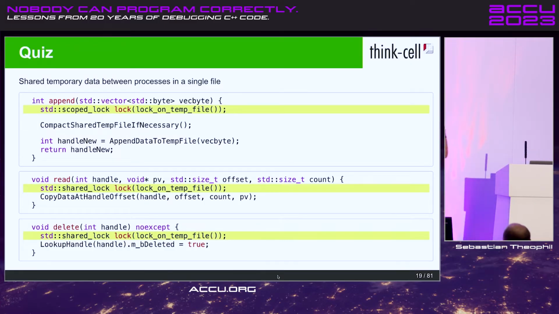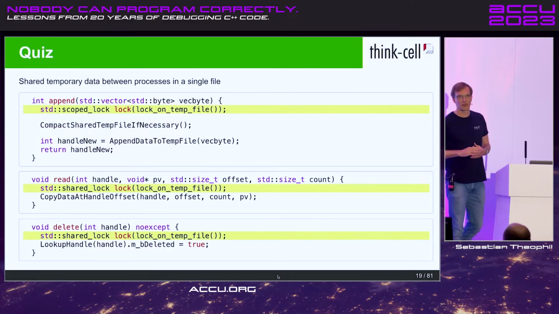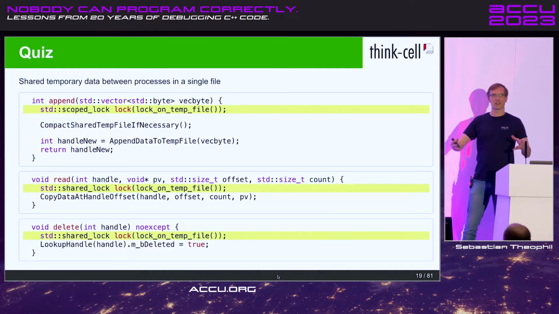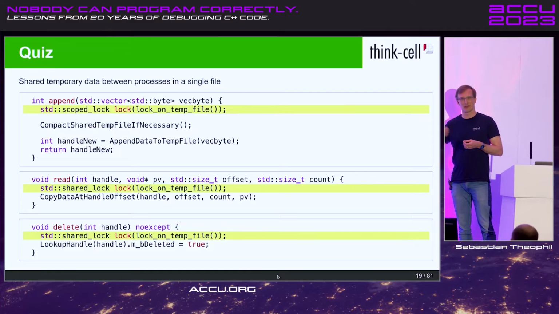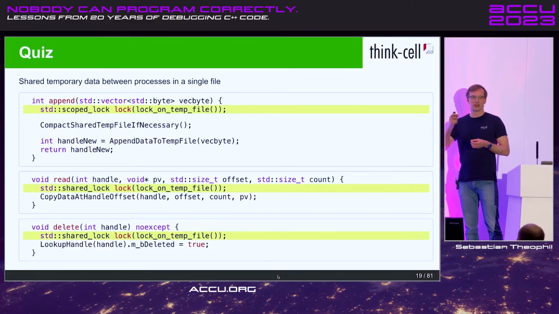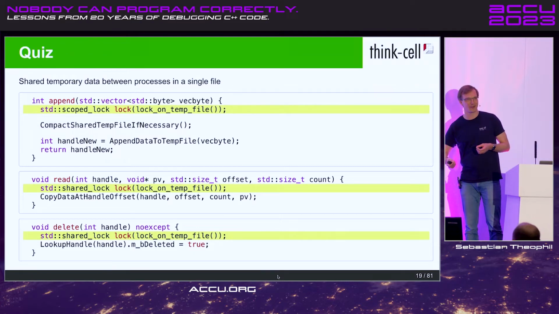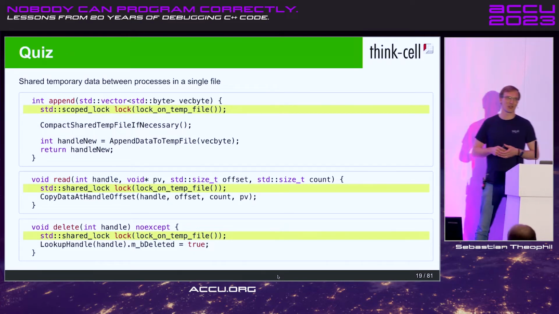I had casually said that different processes access that shared temp file. And when you want to synchronize different processes, then a lock on a file is a good synchronization mechanism because it blocks the other process from accessing that file, but it does not block a different thread from the same process from accessing the file. So that's actually the problem.